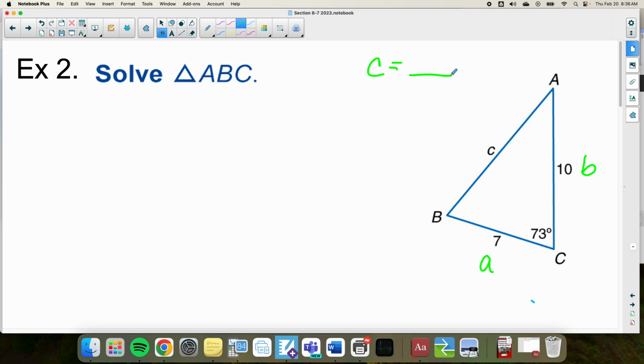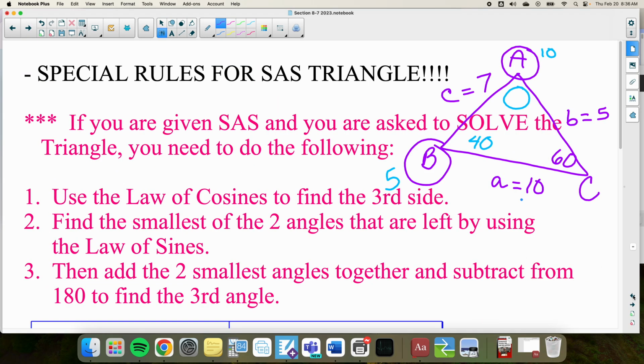Now we also need to know what the measure of angle A is, as well as what the measure of angle B is, okay?